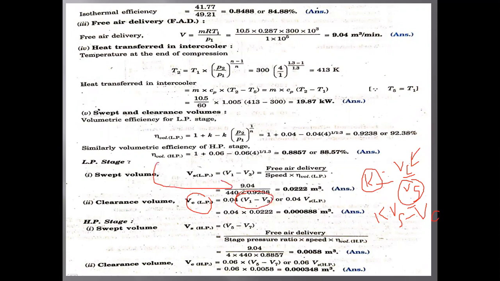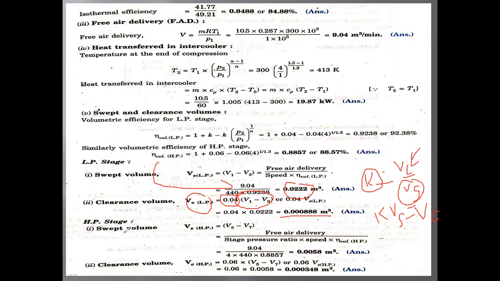The K value, which is already given, for the low pressure cylinder is 0.04. So 0.04 into the swept volume 0.0222 will give us the clearance volume for the low pressure cylinder, which is 0.00088 meter cube.